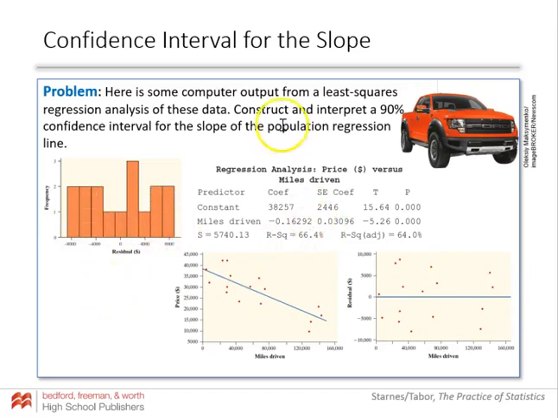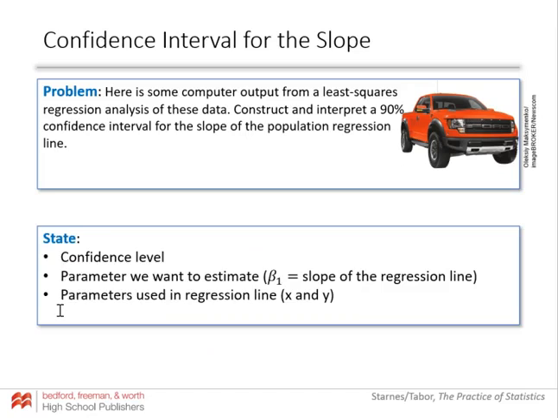And we are going to construct and interpret a 90% confidence interval for the slope of the population regression line. Again, this line is based off a sample of 16 cars. If we were somehow able to collect data for every car, what would that slope look like? That's what we're trying to figure out. So same SPDC that we did for all of our other confidence intervals.